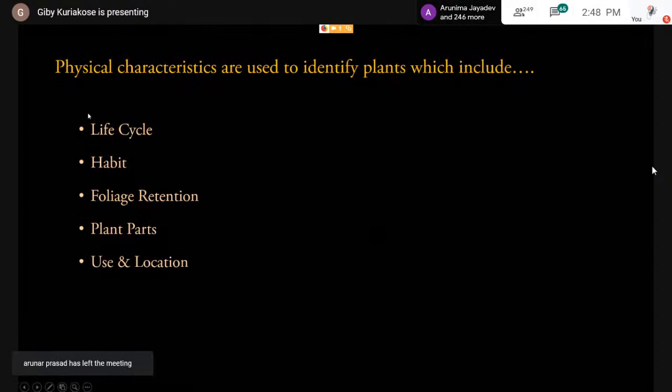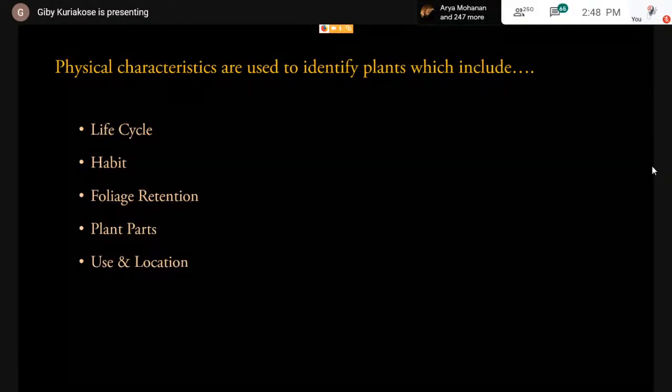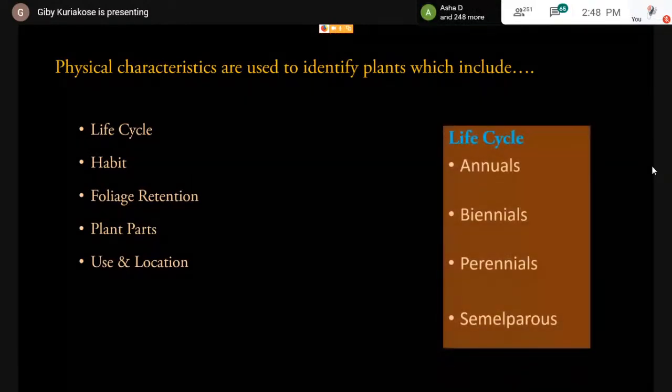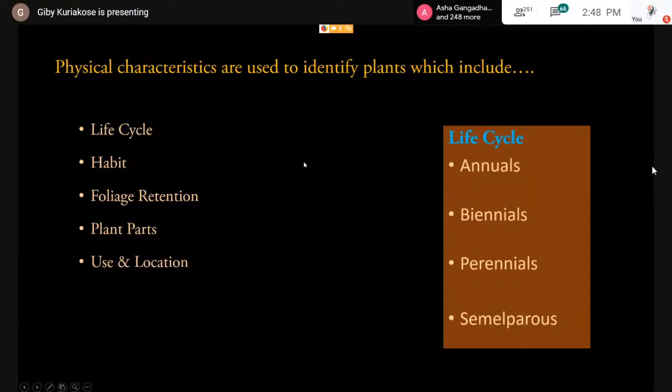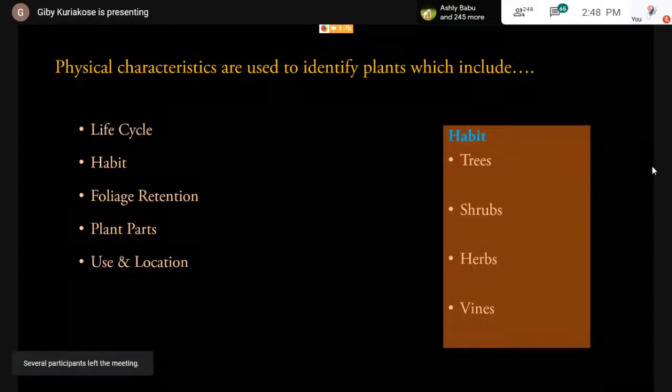Okay, now for a plant, when you consider the physical or basic characters such as life cycle, whether it is annual, biennial, perennial, or semelparous, because these characters may be there in the family keys. Then habit, such as trees, shrubs, herbs, vines, woody climbers or non-woody climbers.